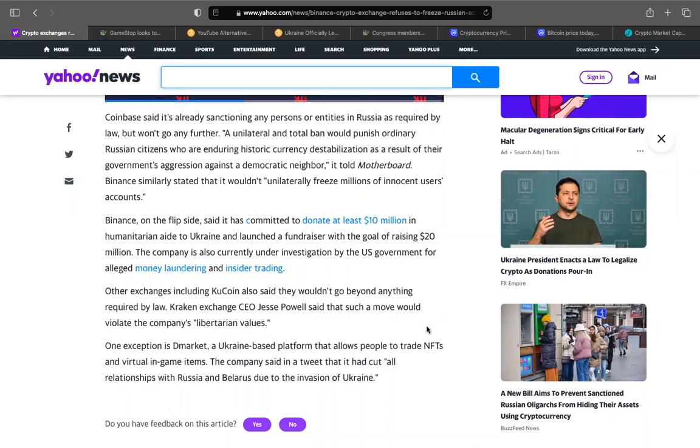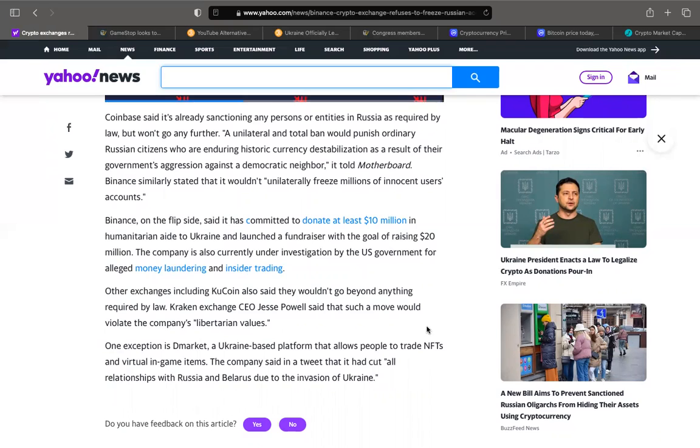So it says right here, Coinbase: a unilateral and total ban would punish ordinary Russian citizens who are enduring historic currency destabilization as a result of their government's aggression against a democratic neighbor.